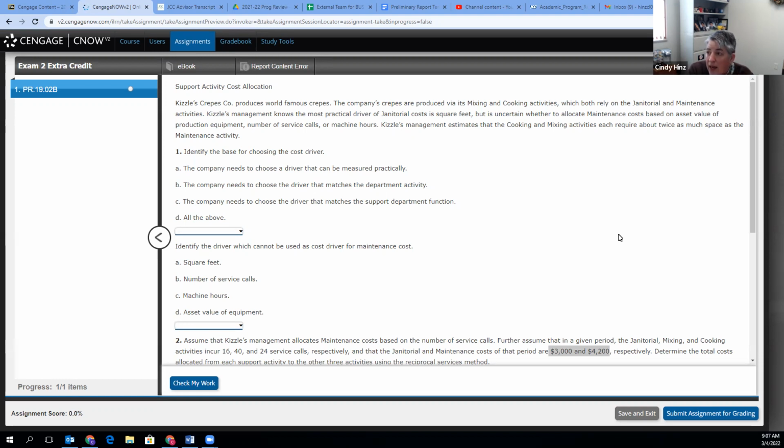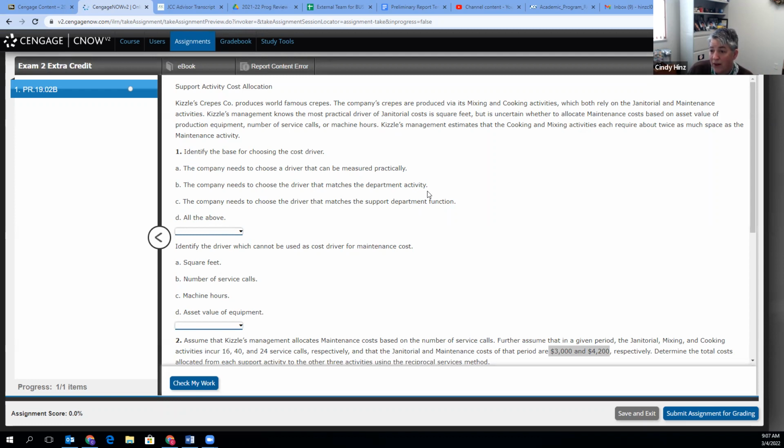So as we look at maintenance costs, we'll get to that in the second question, but identify the base for choosing the cost driver. So we need something that can be measured practically.